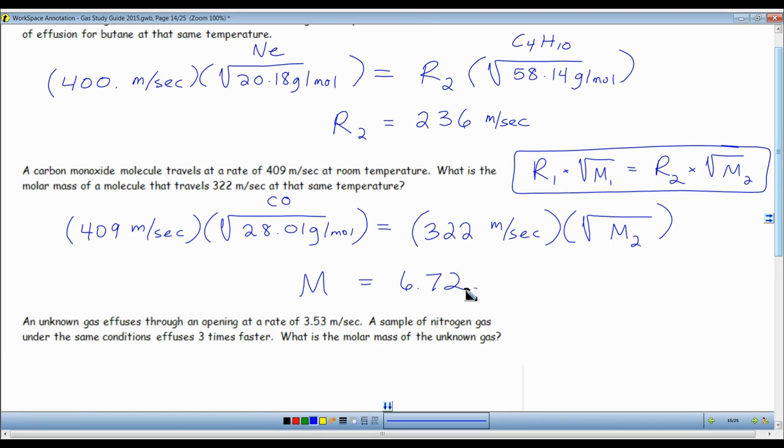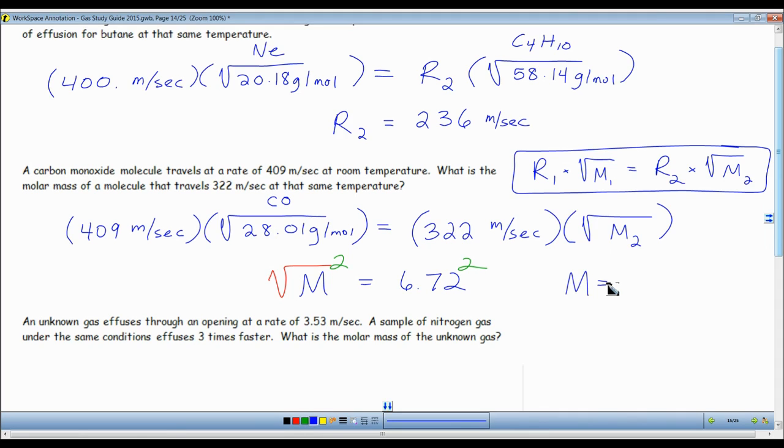What you actually solve for is square root. Square root of the mass equals the 6.72. So to get the true molar mass, to get rid of that square root, you got it, we need to square both sides. So the real molar mass is not the 6.72.